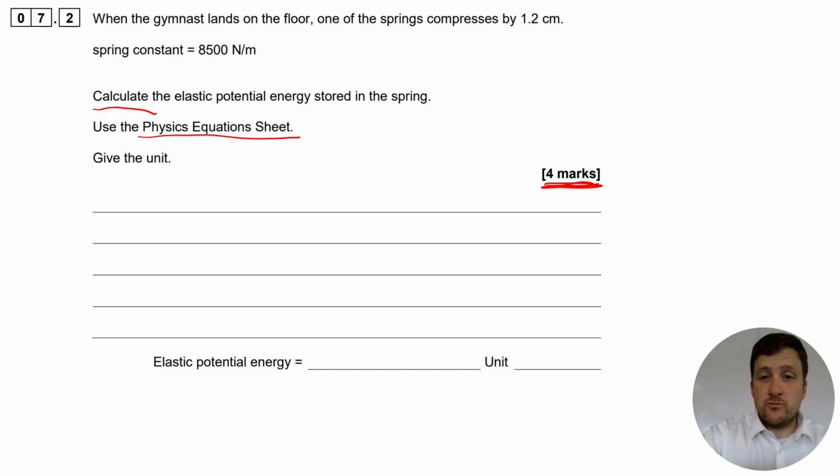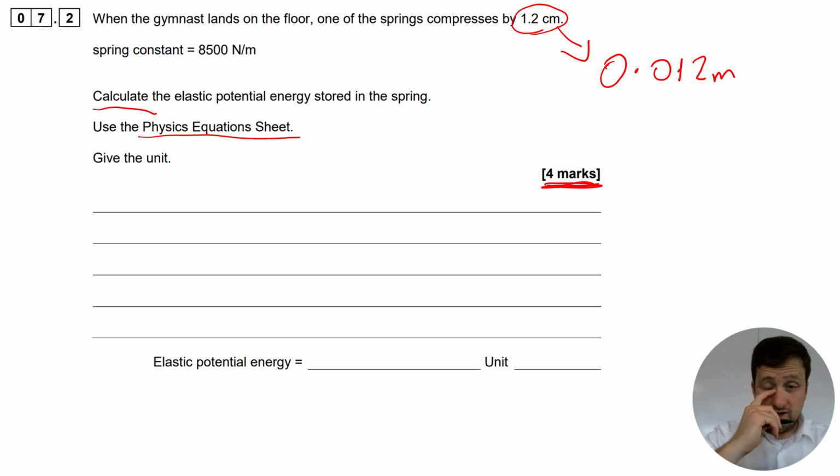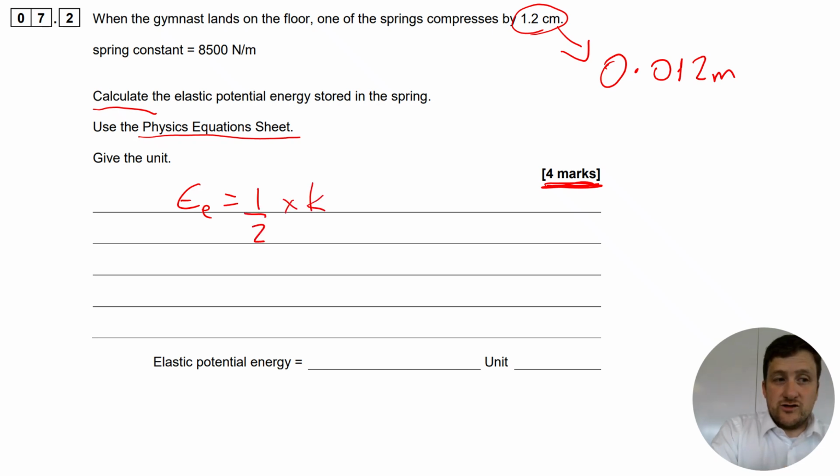If we look at the numbers, that's problematic straight away, because we don't measure things in centimeters, which means we have to straight away change that to 0.012 meters. Boom. We've got ourselves a mark straight away. Now, on our physics equation sheet, we have elastic potential energy equals half times spring constant times extension squared.